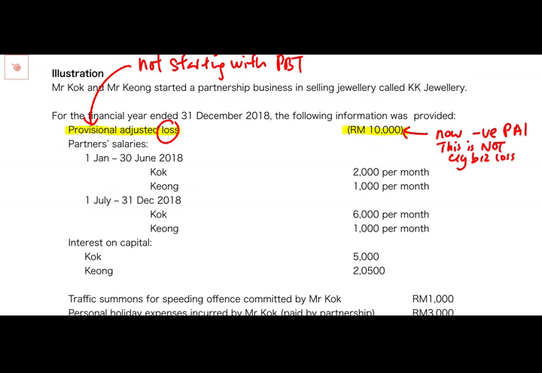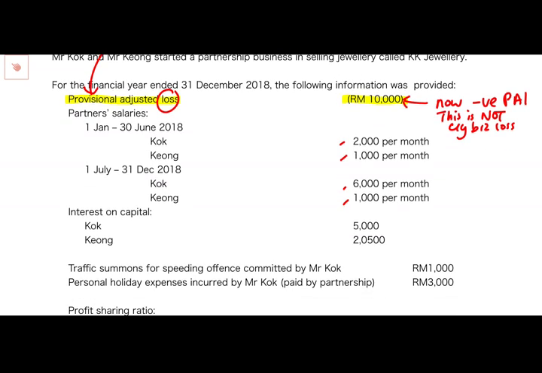Okay, now they tell you the partners' salaries are 2,000, 1,000, then 6,000, 1,000. That's the figure. Now the salaries change. The interest on capital, sorry, this is not 25, it's 2005.